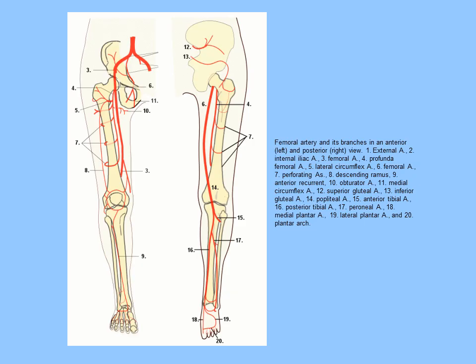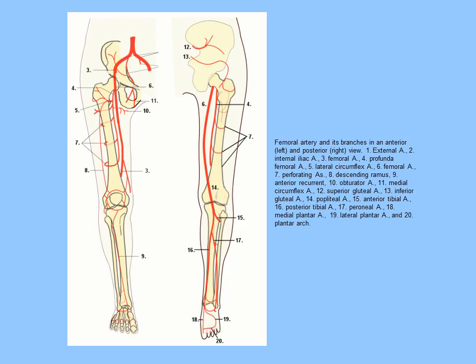The profunda femoral artery branches off perforating arteries. These perforating arteries perforate anterior to posterior through openings in the adductor magnus in order to provide blood to the posterior compartment. So the artery of the anterior compartment is the femoral artery. The artery to the posterior compartment is the profunda femoral artery.